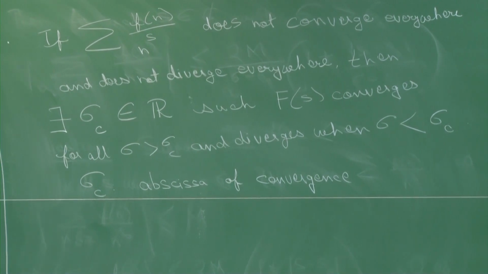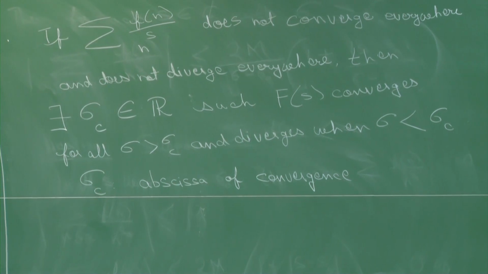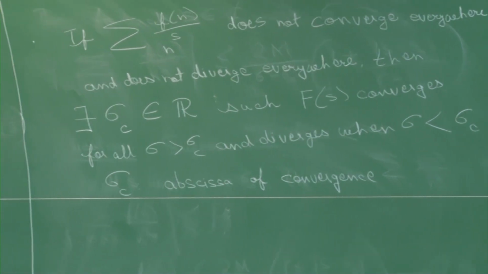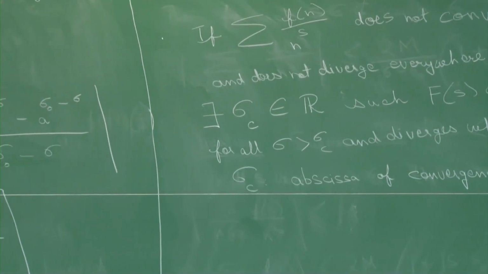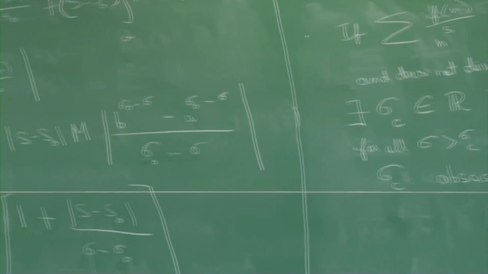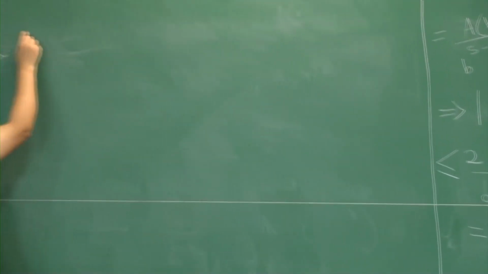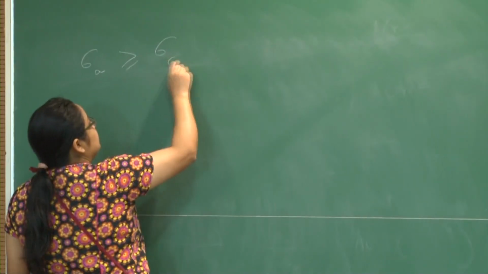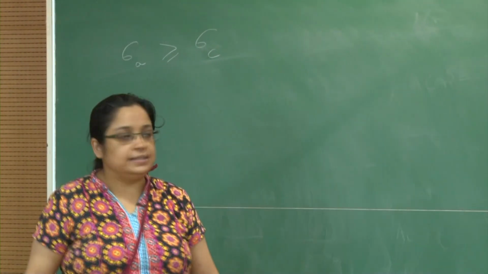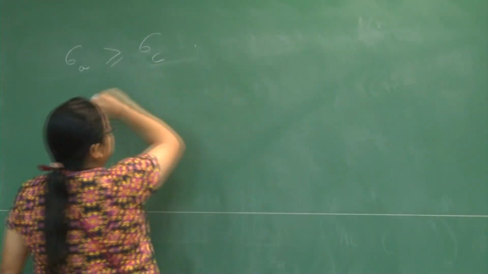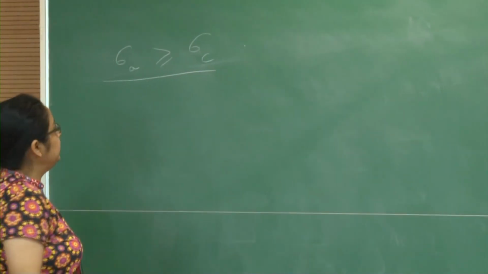Now, here is a nice observation about the difference between the abscissa of convergence and the abscissa of absolute convergence. The first observation is, of course, immediate, namely your sigma sub a certainly has to be greater than or equal to sigma sub c, since absolute convergence implies convergence. So this is immediate, nothing to do here.